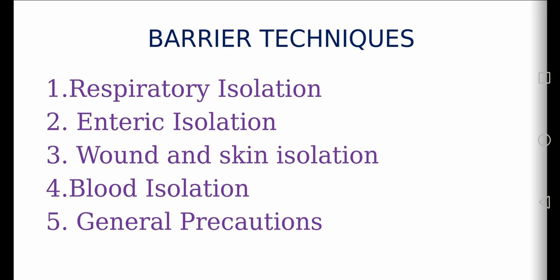The next barrier technique is blood isolation. This method is intended to prevent transmission of pathogens that are found in blood. It includes, first one, wear gloves and gown and goggles if there is a chance of high splashes.